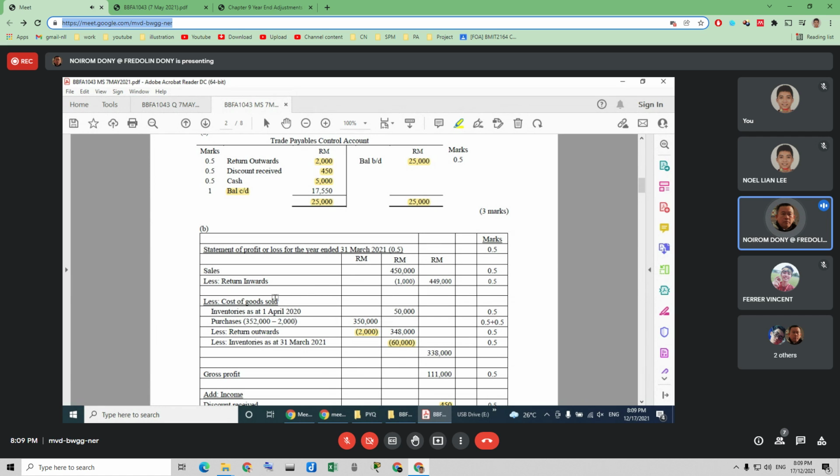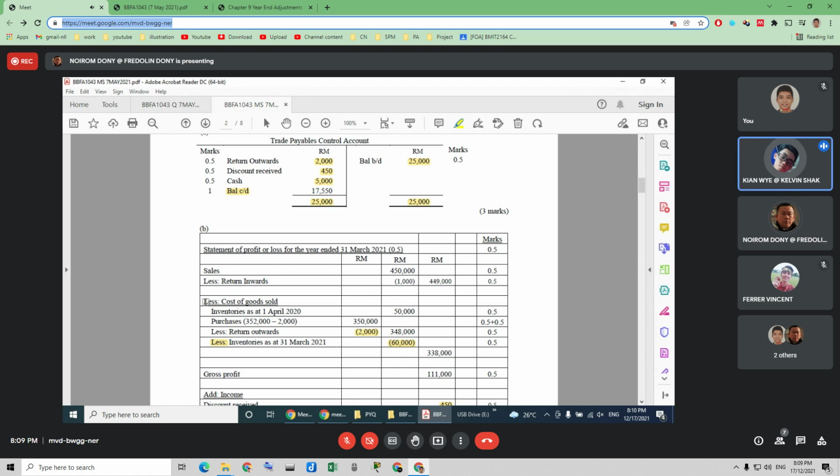So therefore, we have to present together with the cost of goods sold. But you see, this is less, so you less with the expenses.